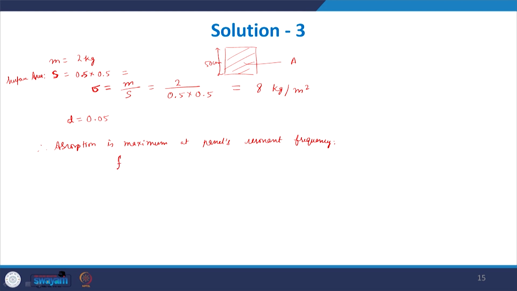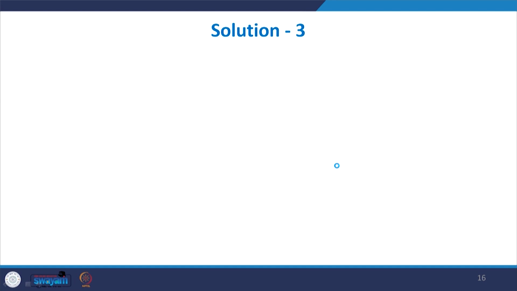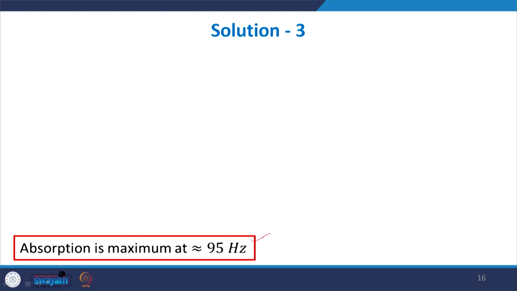So the frequency of maximum absorption can simply be written as the natural frequency, which is 60 divided by under root of sigma times D, which is 60 divided by under root of 8 into 0.05. So overall we get approximately 95 Hertz. This is the resonance frequency which corresponds to the frequency where absorption will be maximum.